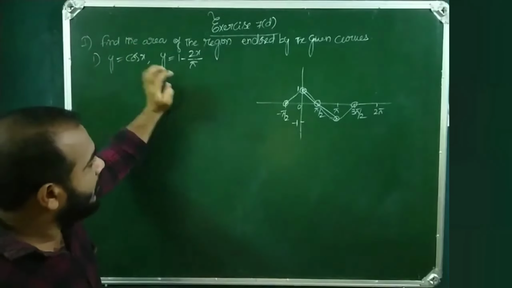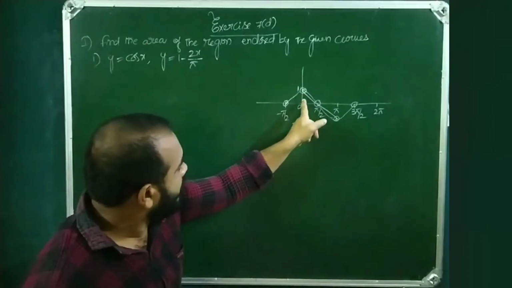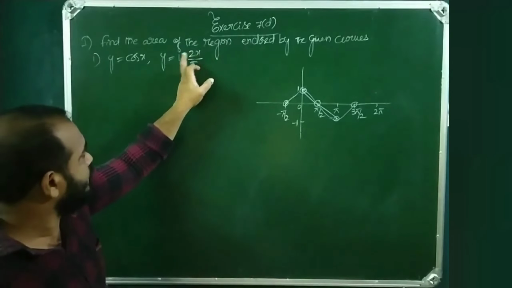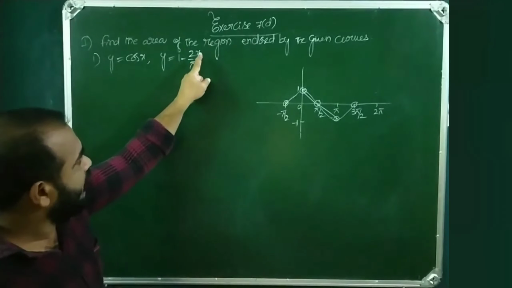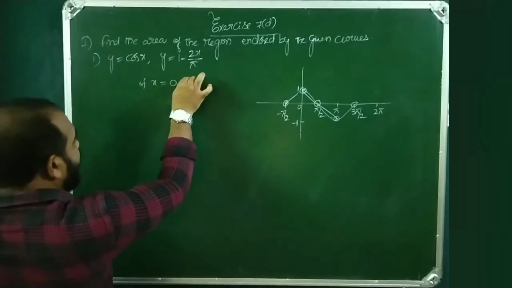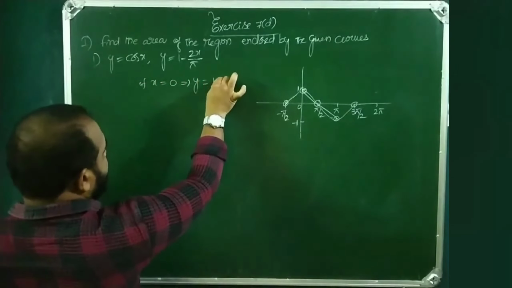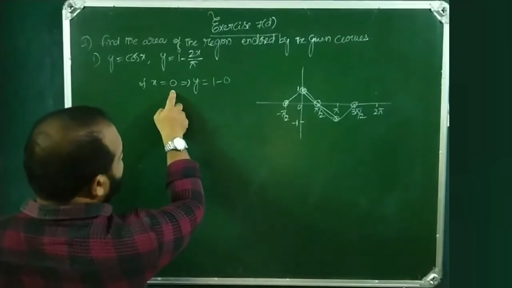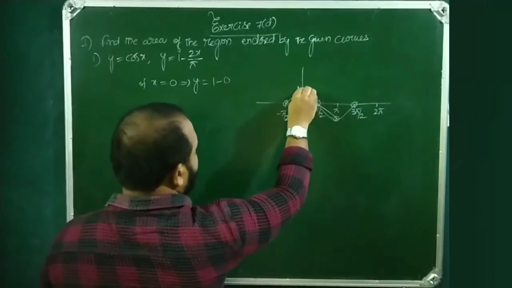If x equals 0, then y equals 1 minus 2 into 0 by pi, which is 1. So x equals 0, y equals 1 is this point.